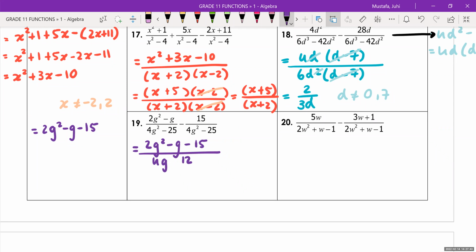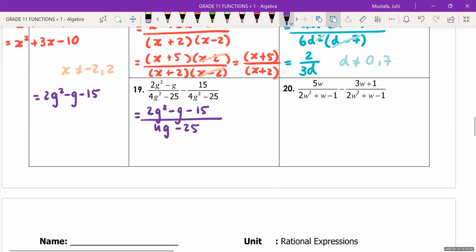The top is a complex trinomial. The bottom is a difference of squares. That's not a 1, that's a 3.